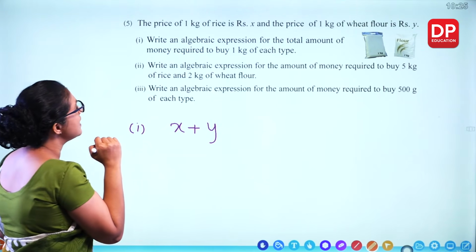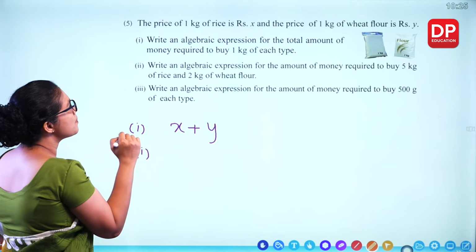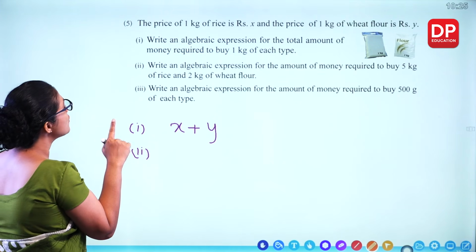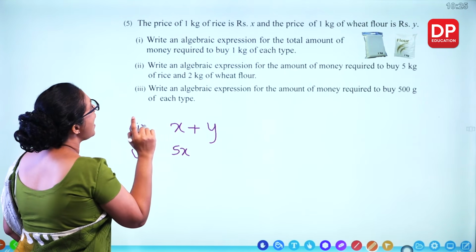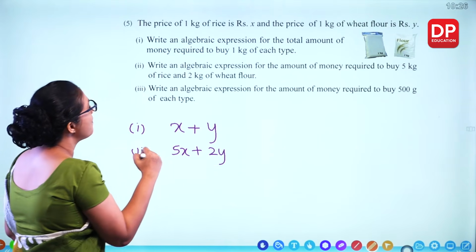So the total is x plus y. Second one, write an algebraic expression for the amount of money required to buy 5 kilos of rice and 2 kilos of wheat flour. 5 kilos of rice is 5x and 2 kilos of wheat flour, 2y.